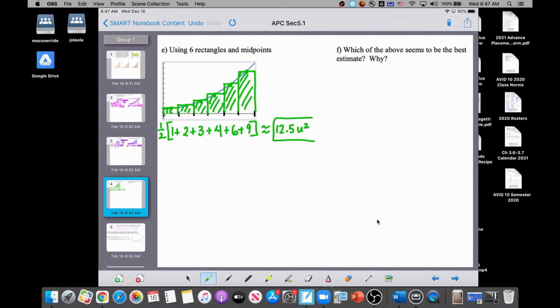So to answer letter F, which of the above seems to be the best estimate? The answer is midpoint rectangles seem to give the best estimate.